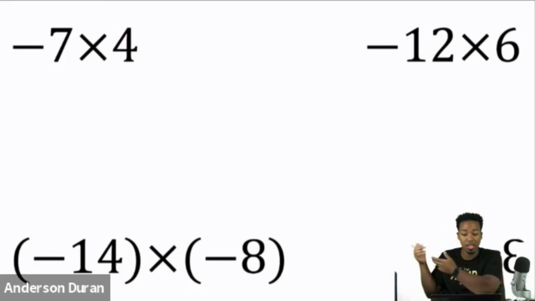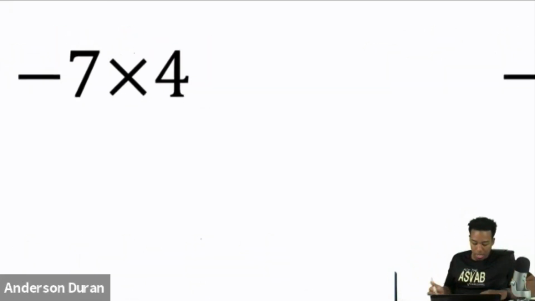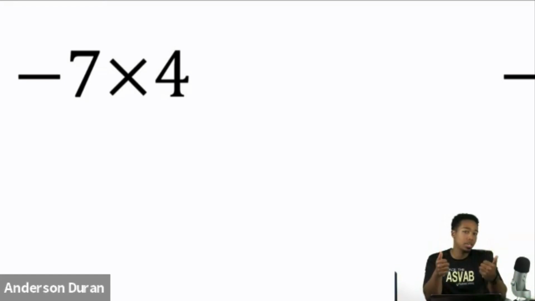So here's an example. If I'm looking at -7 times 4, there are two things we're dealing with that we have to address. One, the signs, and two, the actual multiplication. So instead of looking at it as -7 times 4, look at it as a negative times a positive, and then 7 times 4.